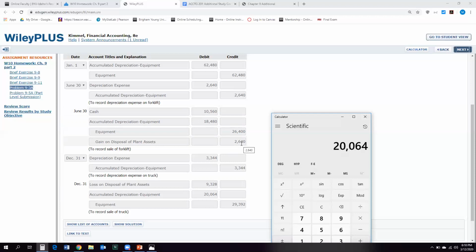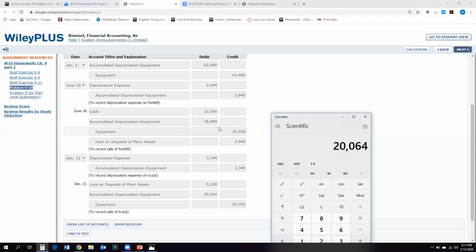But whatever works best for you. I think this looks a little bit less confusing, because once you have your equipment and your accumulated depreciation and your cash, you just have to make sure that they're equal on both sides.